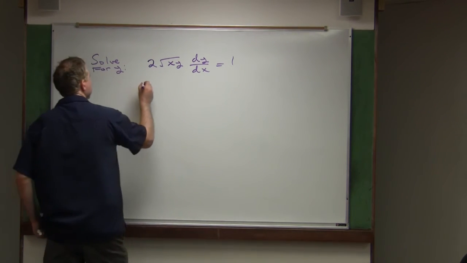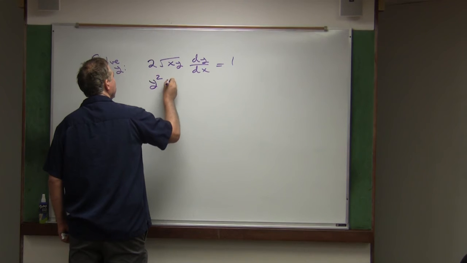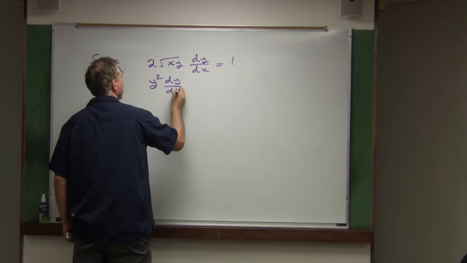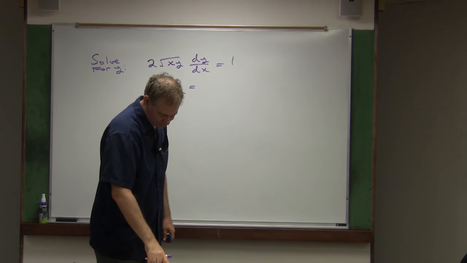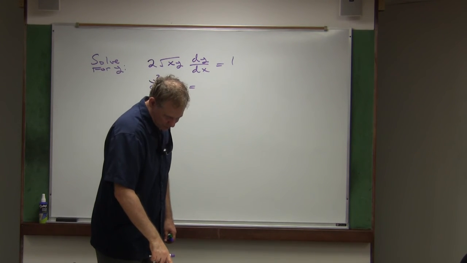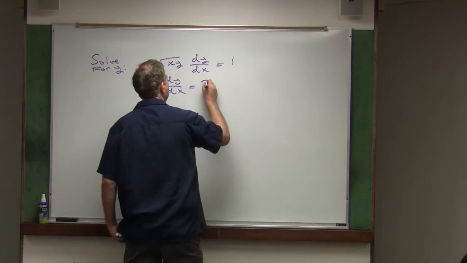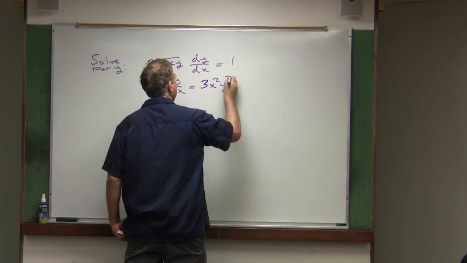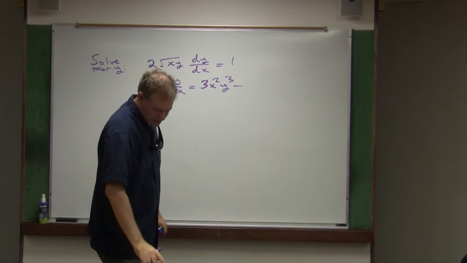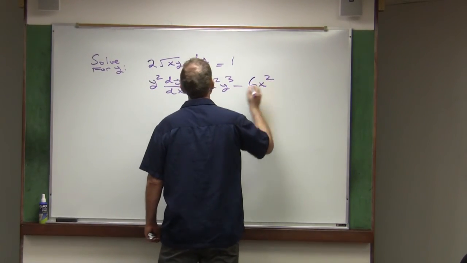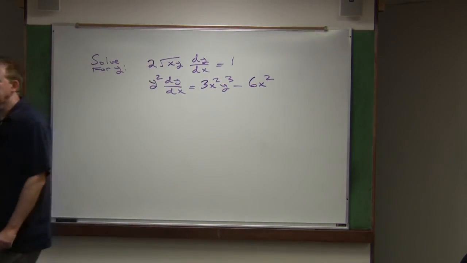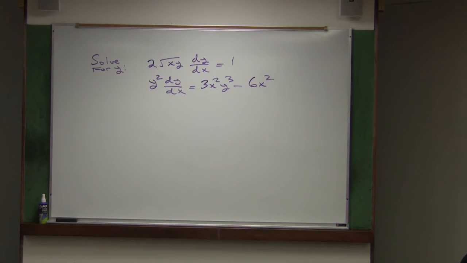Y squared dy dx is equal to 3x squared y cubed minus 6x squared. So try these two with the separable method, separate and integrate.